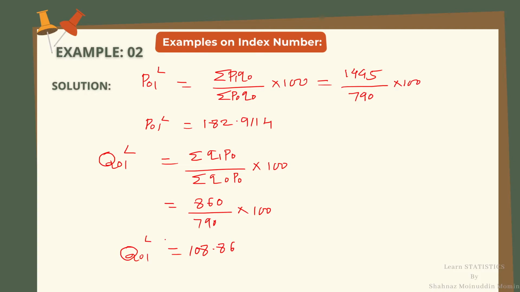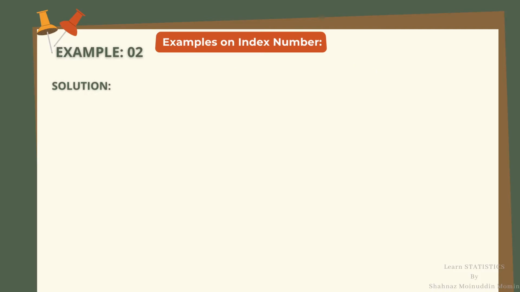Now we shall calculate the Paasche price index number. It is denoted by P01P. In the Paasche price index number, the weights are taken as quantities in the current year.